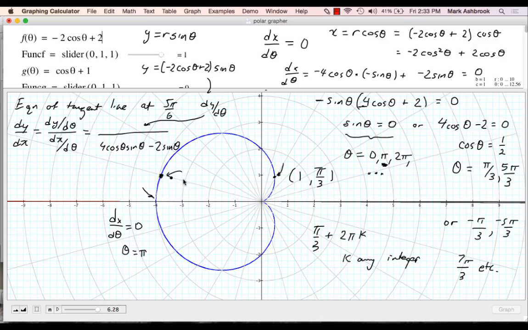How are you going to get that point? We know that θ is 5π/6. How do we get x and y? x equals r cosine θ, y equals r sine θ.